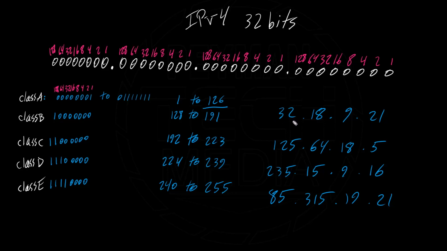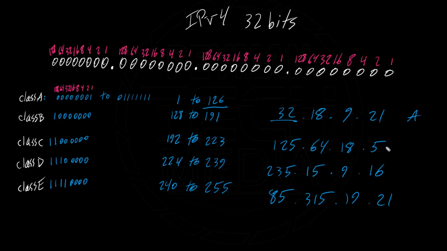Okay, let's take a look at the first IP address. This one, 32, is the first octet. Looking at the first octet, 32 falls between 1 to 126. Therefore, this is a class A IP address.